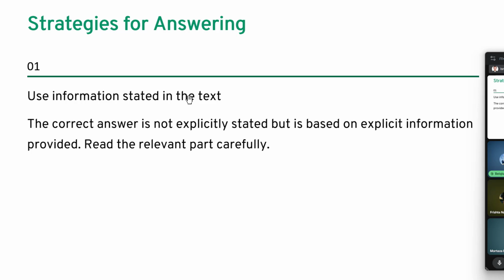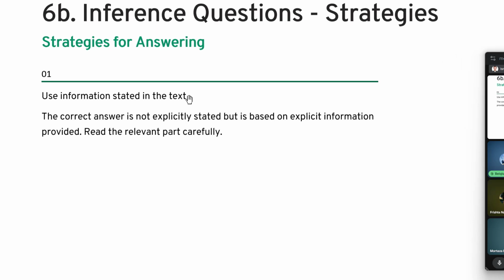So read that relevant part first, analyze it, understand it deeply, because that first understanding of the text determines how you can analyze it, how you can get the indirect meaning or the inference of the text. So that's the first thing.